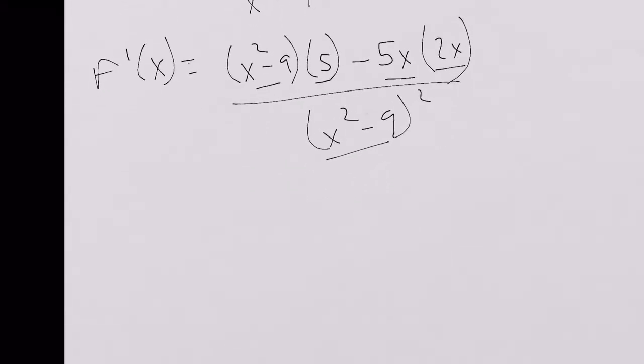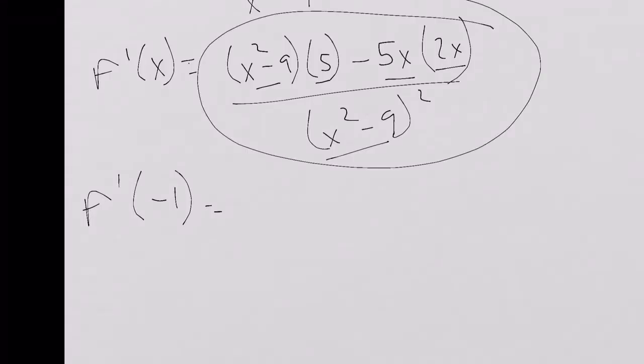Now this one wants us to actually find what the slope was at a particular point at -1. So we would plug in -1 here. If you were to combine like terms, expand, do all that, you'd have a little bit easier problem to deal with when you're inputting a value.